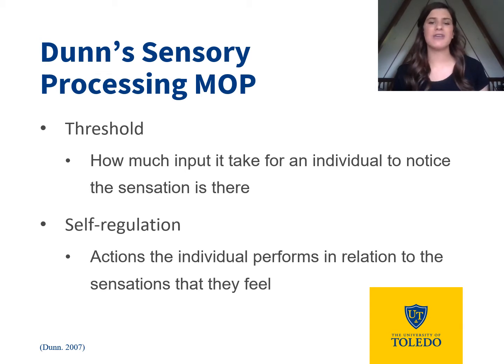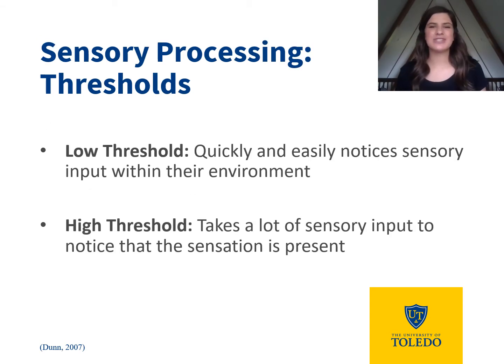One factor is the amount of sensory input it takes for a person to identify that the sensation is there. This is known as threshold. And the second factor is how the person reacts in the environment in regards to the sensory input, which is known as self-regulation.